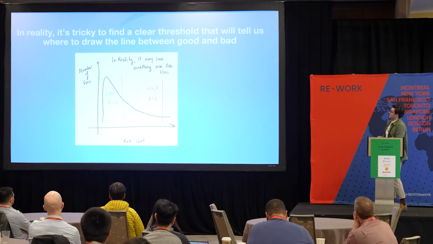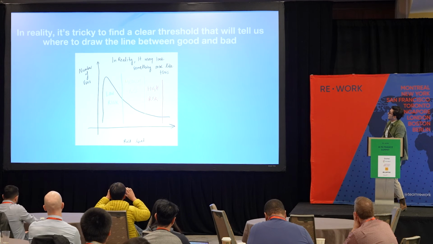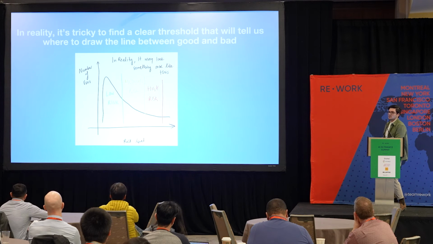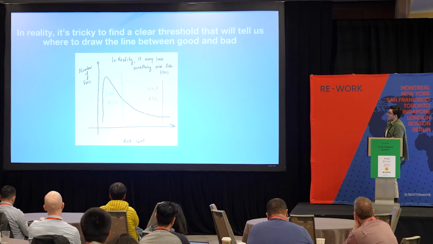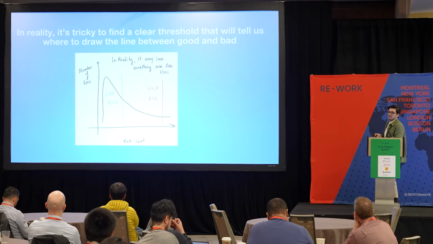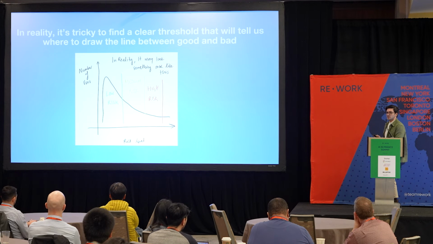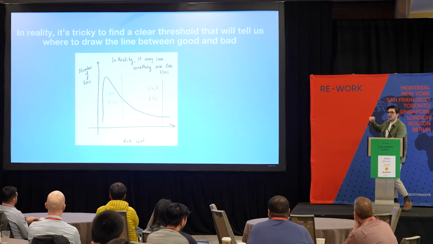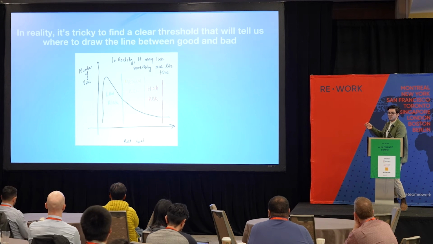In reality, it's tricky to find a threshold that tells us where to draw the line between good and bad, and that's where the ratios I was talking about come in. In many cases, it makes sense to have a low, medium, and high risk bucket, and you treat them differently. For example, if you have a little bit of suspicion, but not that much, it doesn't make sense to go through all the checks that you currently have because it's more expensive.